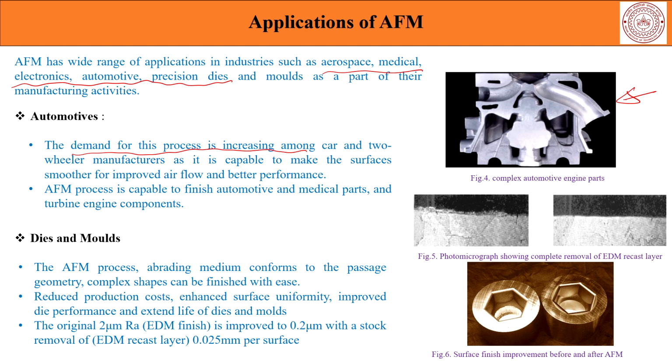process. Again, dies and molds, if you compare again, the surface preparation of dies and molds is a very important issue. Sometimes you have to have secondary processes, like let us say processes like EDM and ECM are used quite heavily to get surfaces which are free of stresses.